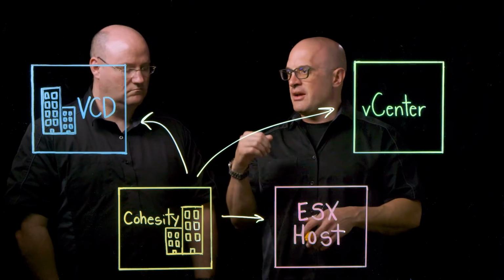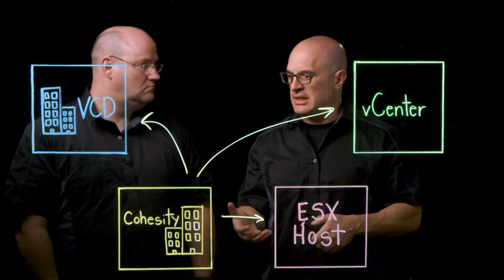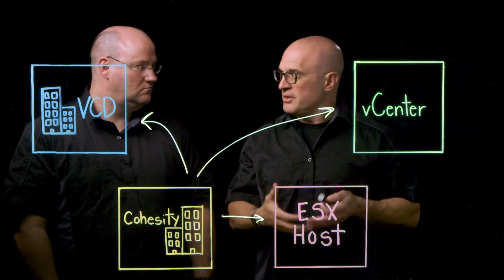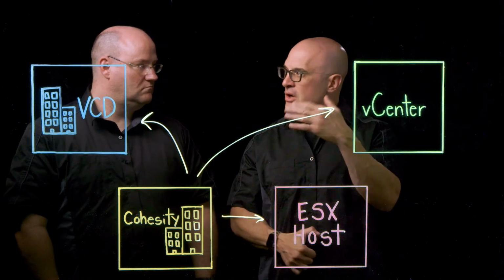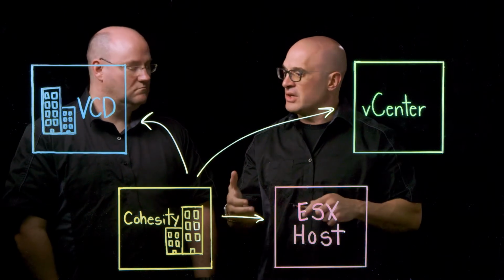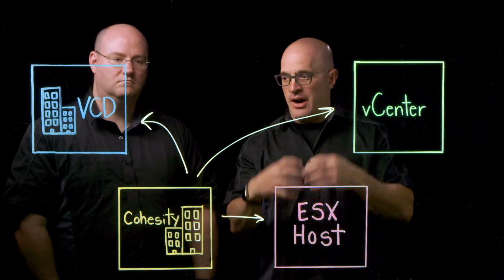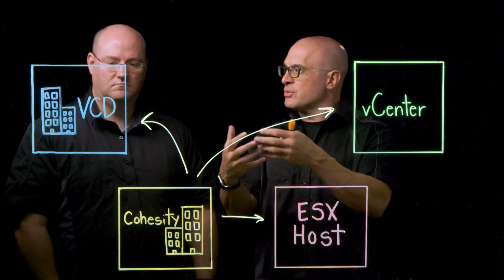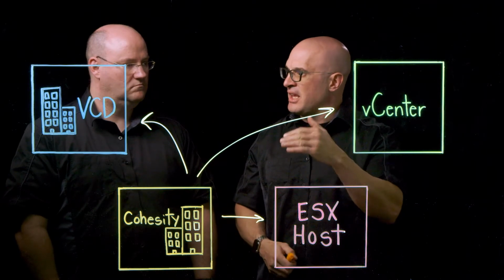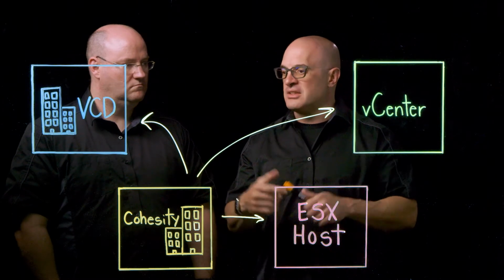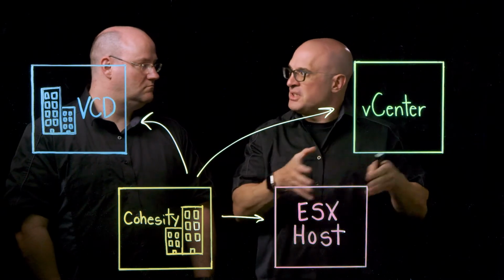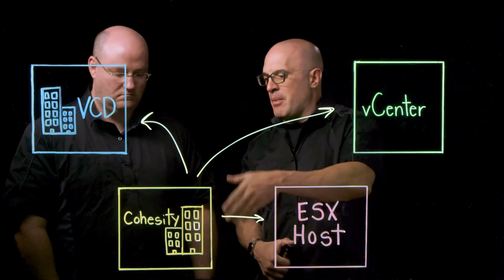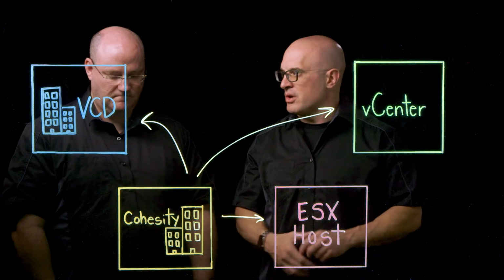You would have, say, tenant A in VCD, and in Cohesity, you'd create an org called tenant A. Once we make the registration connection, we can go into the organization's configuration and say tenant A on our side uses the virtual data center associated with tenant A on the VCD side. Also, we can separate the storage domains and other pieces and parts to ensure true multi-tenancy. So we do have that mapping between us and VMware Cloud Director.